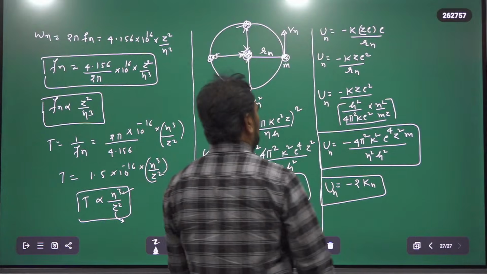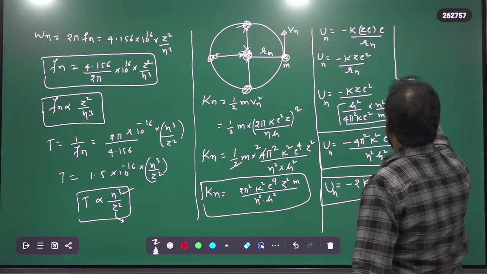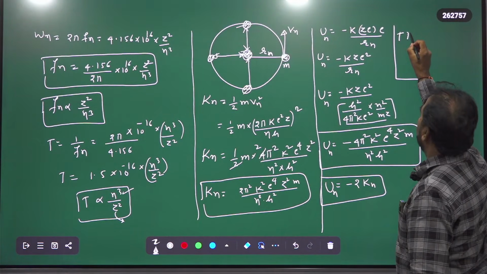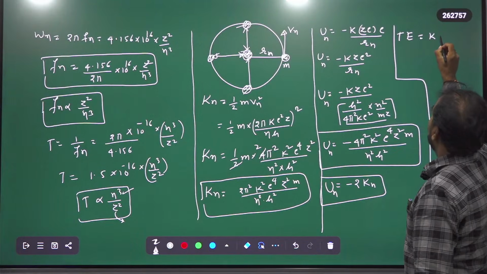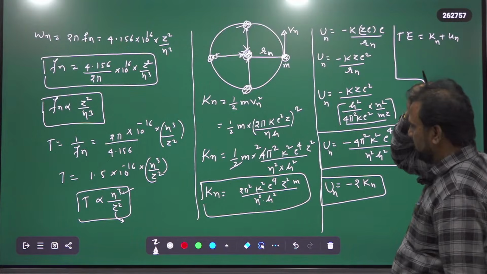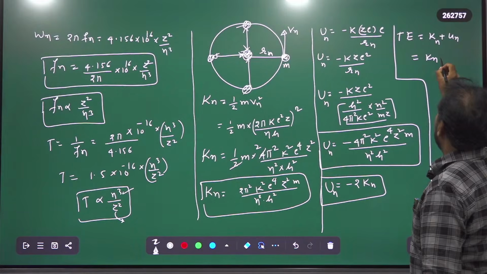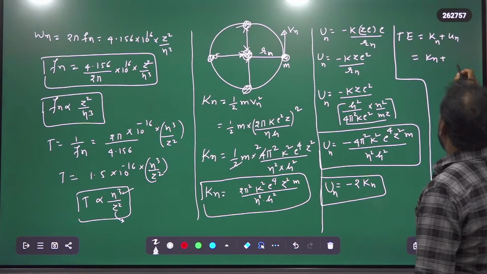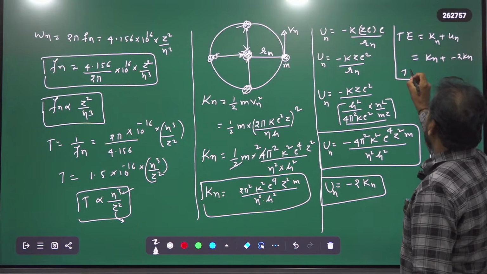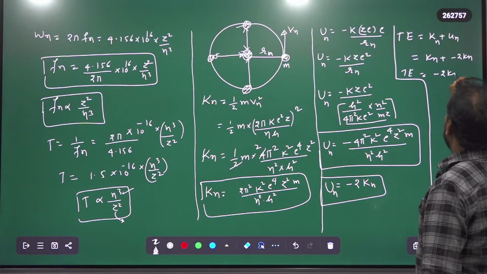Next, the total energy. Total energy of the electron in the nth orbit is given by Te is equal to Kn plus Un, where Kn is the kinetic energy, plus Un means minus 2kn. So Te is equal to minus 2kn.